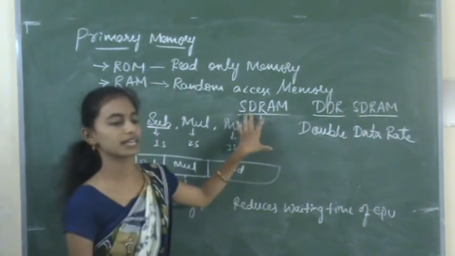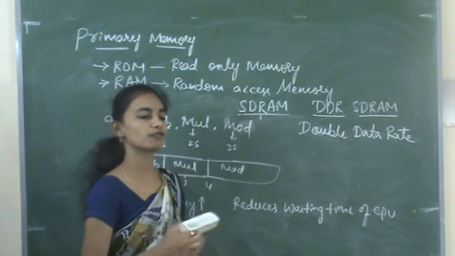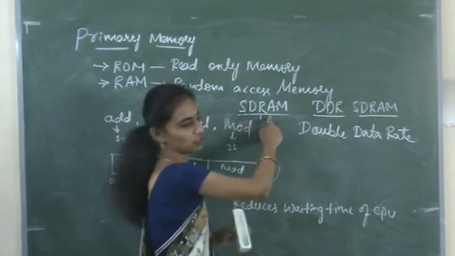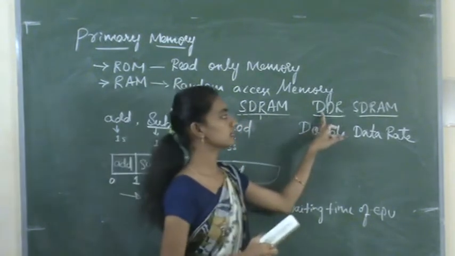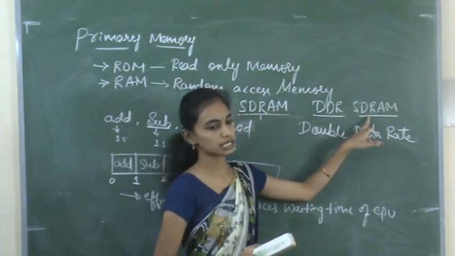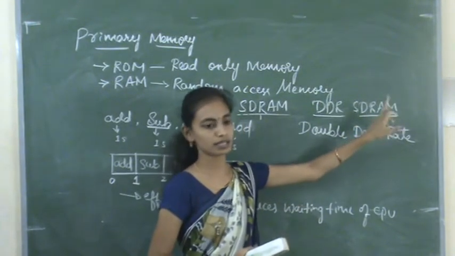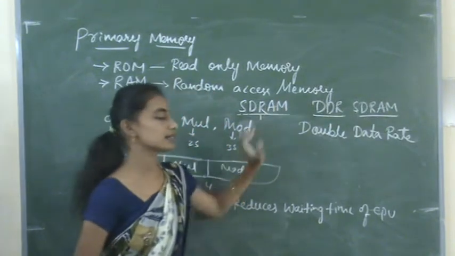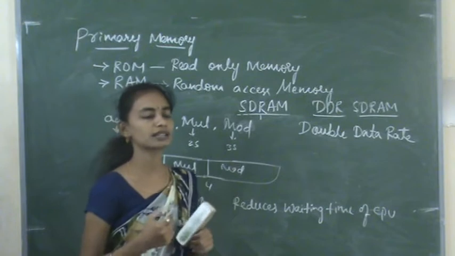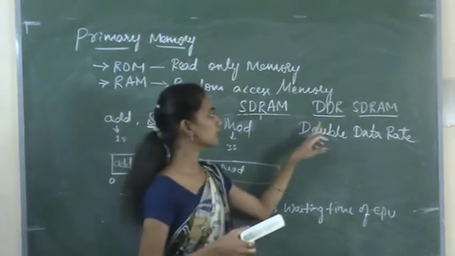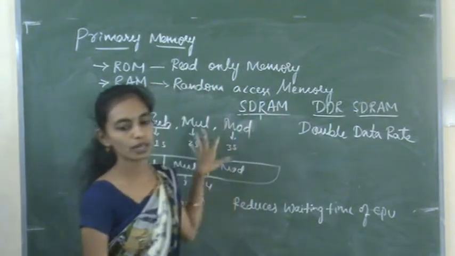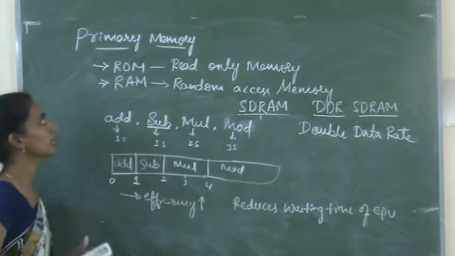This is the same as SDRAM, but its performance and data access rate is double that of the SDRAM. So it is the same as the SDRAM and the access rate is double. Okay, so this is about primary memory and its types.